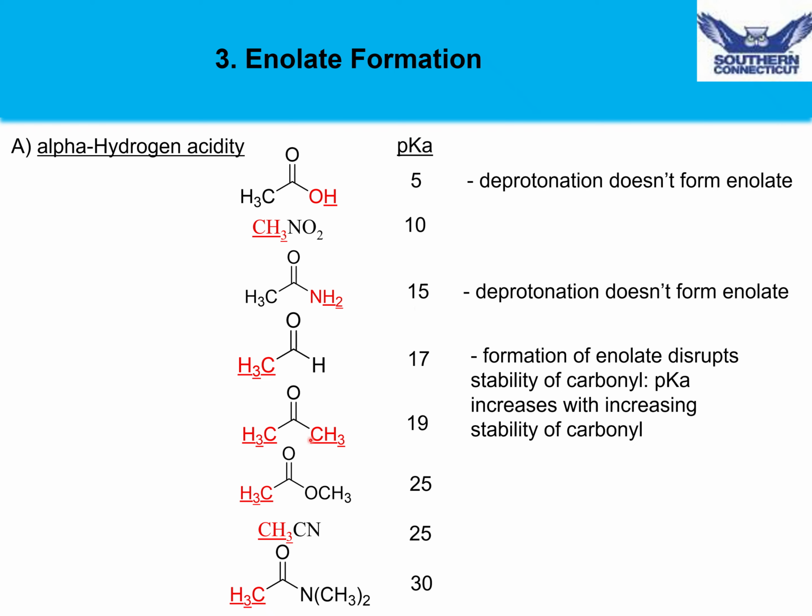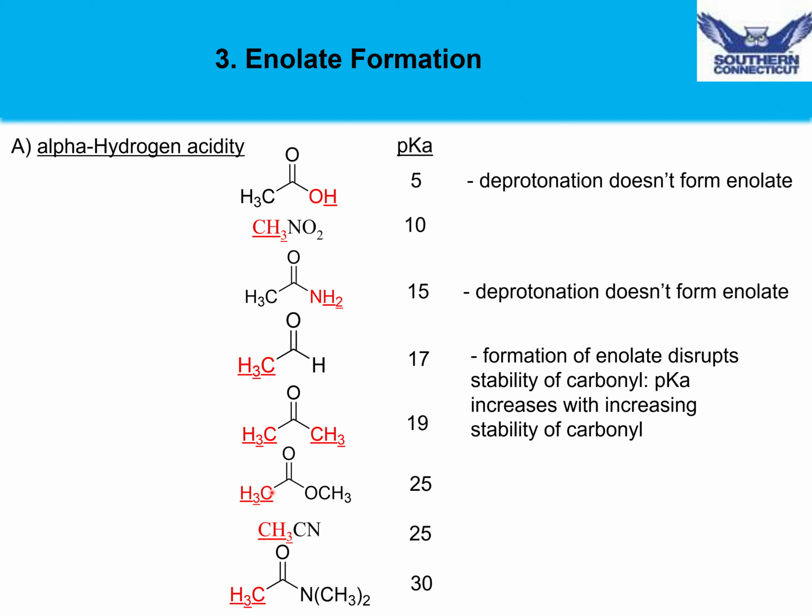The rest of these carbonyl compounds will be converted into an enolate when treated with a strong enough base such as LDA. For example, an aldehyde has a pKa of about 17, and that refers to the alpha hydrogens highlighted here. Ketones typically have a pKa of roughly 19, and so they are converted into enolates when treated with base.